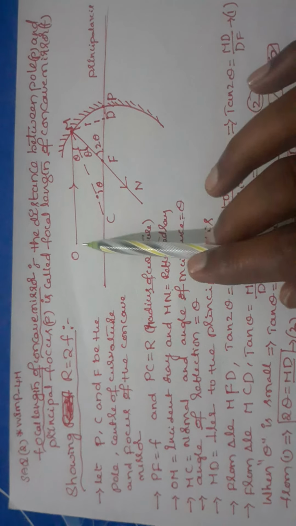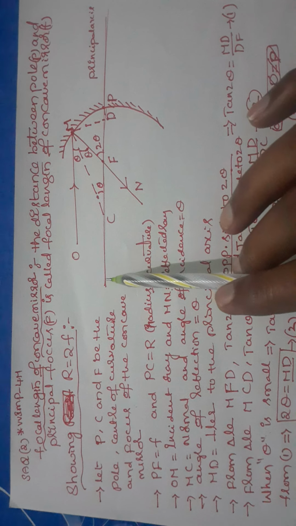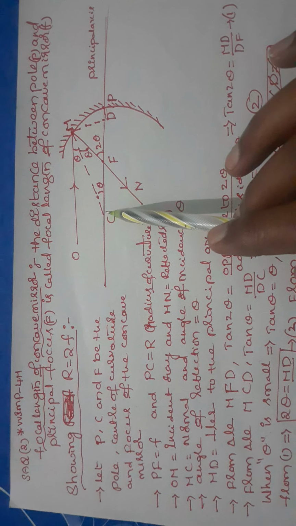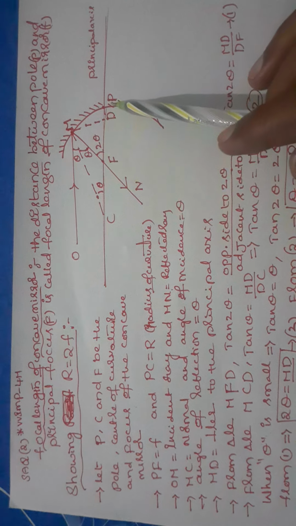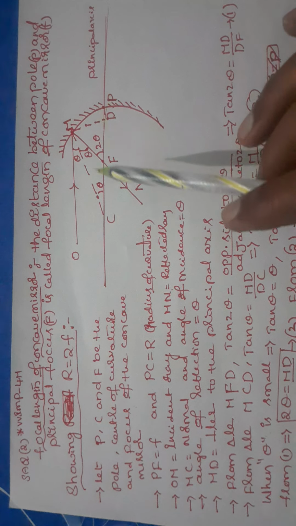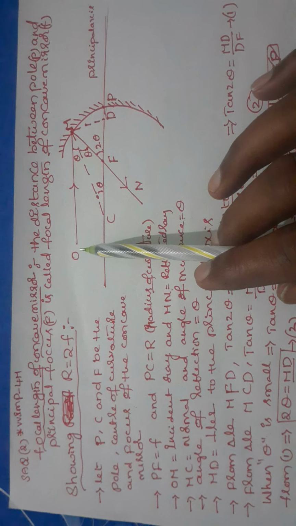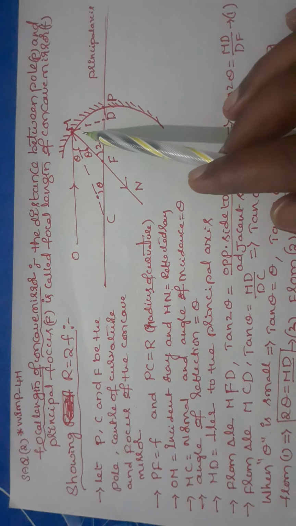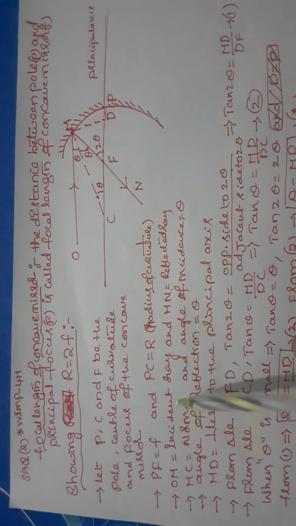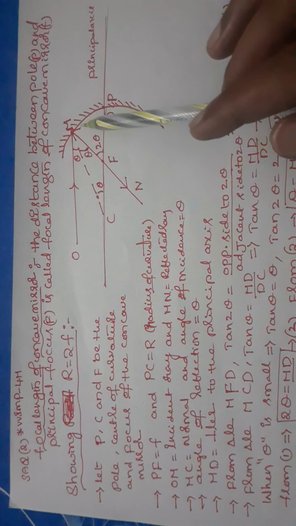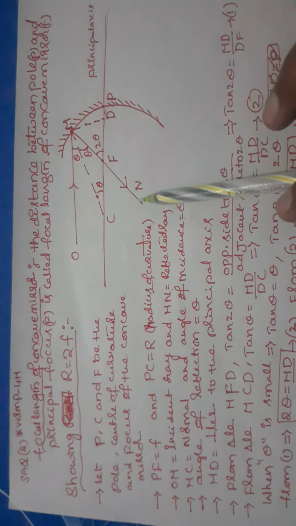Now you can see, OM is the incident ray, which is parallel to the principal axis. The principal axis is nothing but the horizontal line passing through the center of curvature and pole of the mirror. Suppose an incident ray OM is incident on the mirror at the point M. It is reflected in this direction.